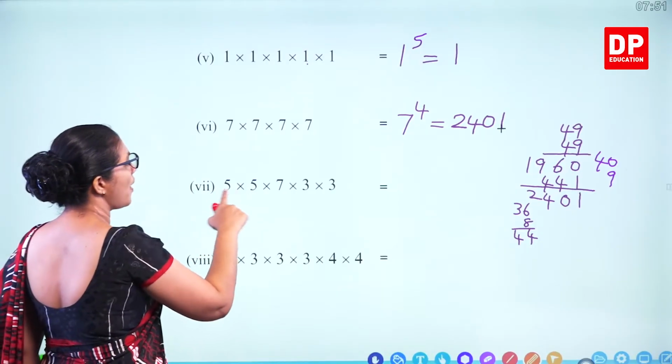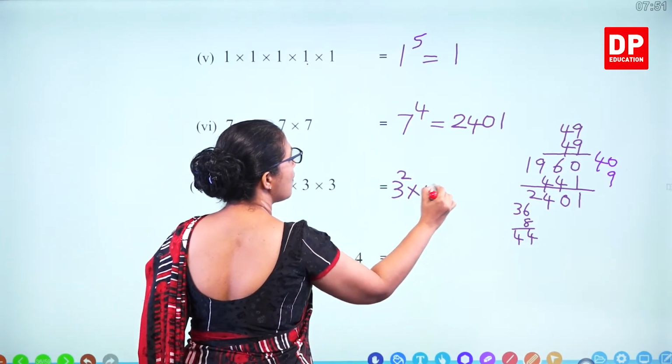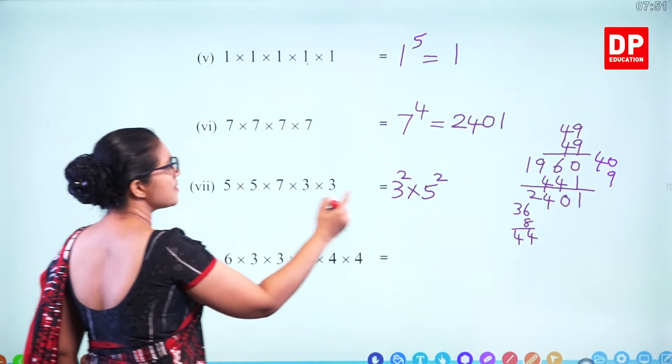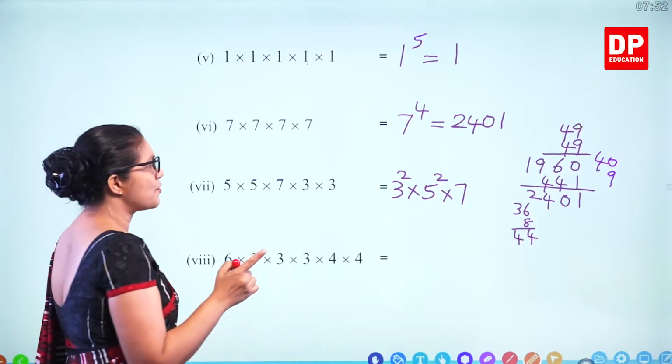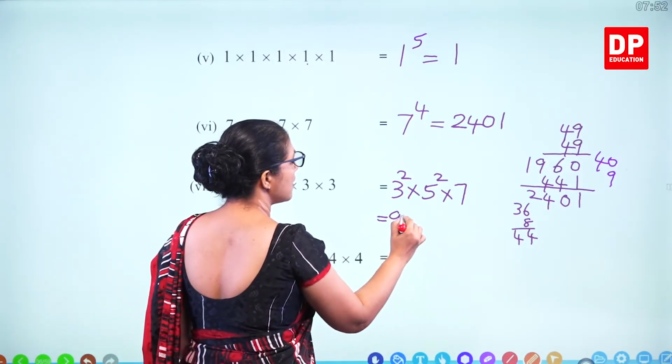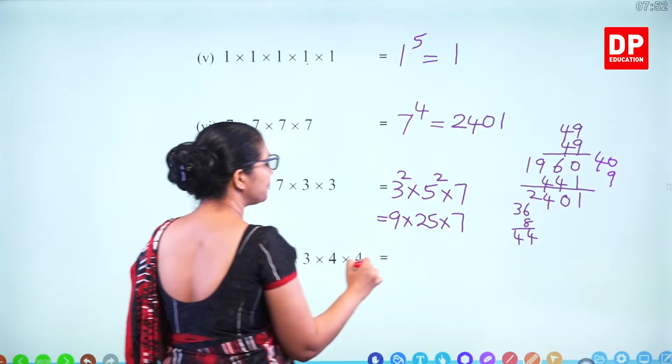Here 3 squared, 5 squared, and 7. 3 squared, 3 times 3. You get 9. 5 squared, 5 times 5, 25 times 7.